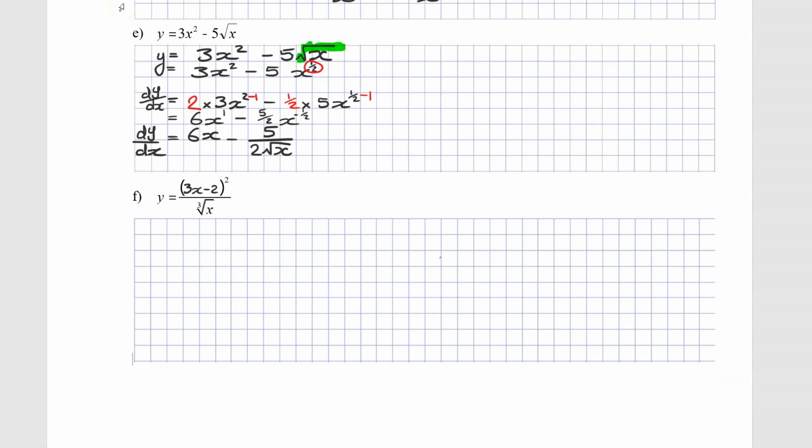Alright, so what we're going to do is, this one's a little bit tricky. The first thing we need to do is put it in a form that's easy to work with. So what I can instantly see that's standing between us and success is firstly this perfect square up top, and then secondly we've got this cube root down the bottom.